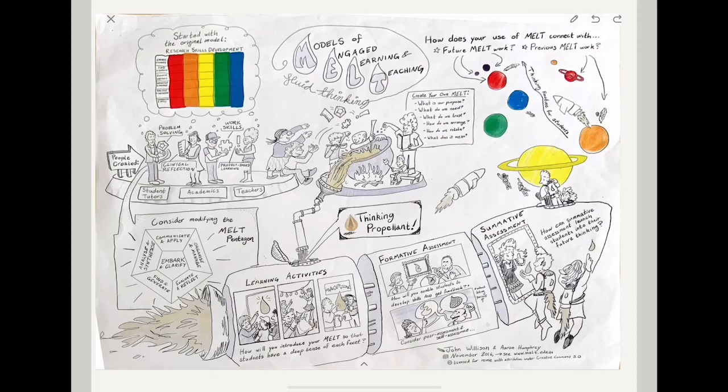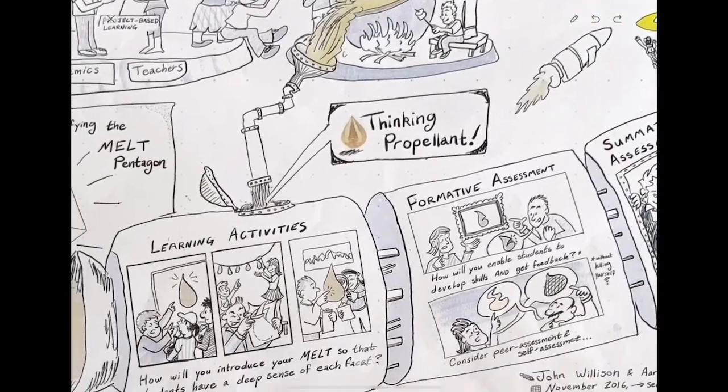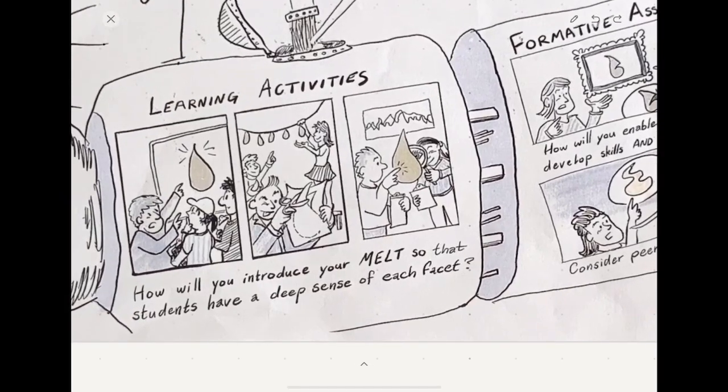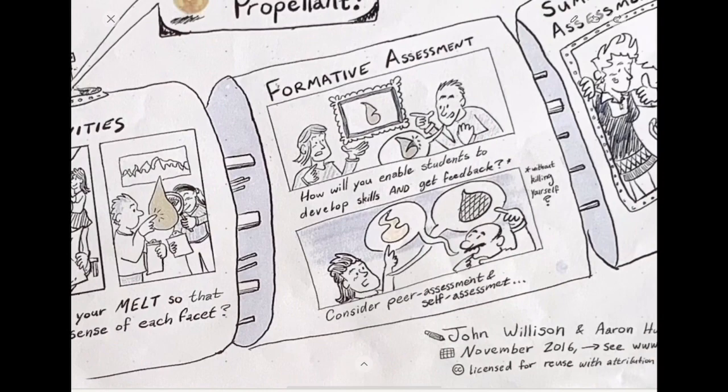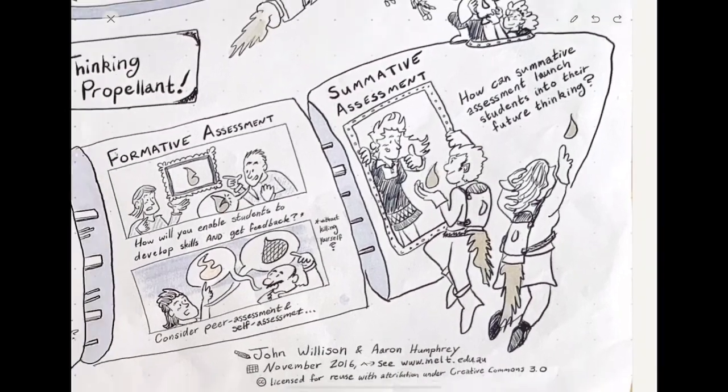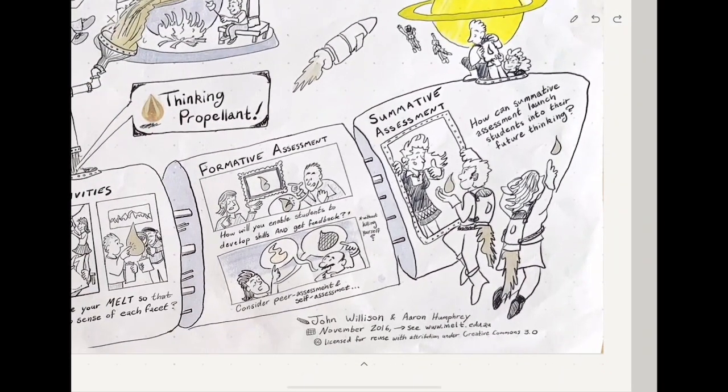But MELT, as we said earlier, gives you a way to really think about the learning activities that are going on and to get a rich window into students' thinking. Also, if there's a formative assessment that really focuses a lot on giving students feedback and changing their performance, or even sometimes summative assessment, you can get a handle on it using MELT as a lens.